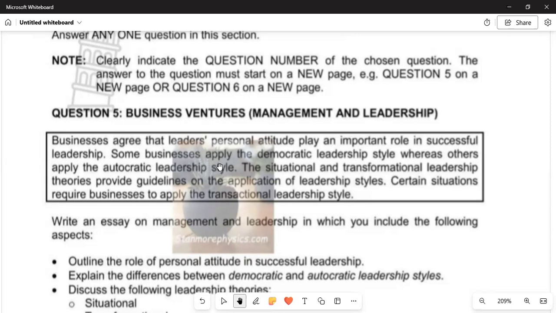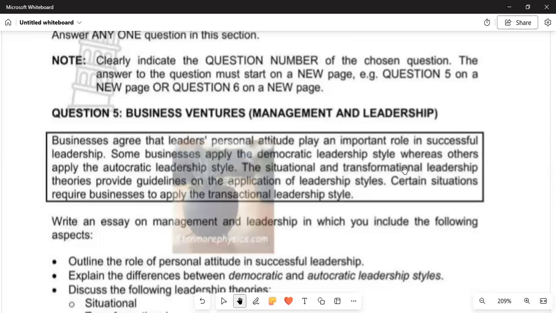One is the democratic leadership style, whereby the manager takes into account the decisions of his employees, and everyone has freedom of speech. But an autocratic leader does not listen to subordinates, therefore he takes his own decisions. We are going to dwell more on these styles.